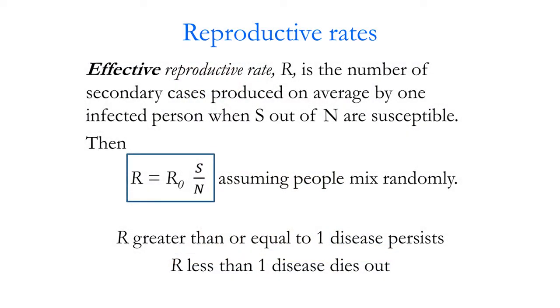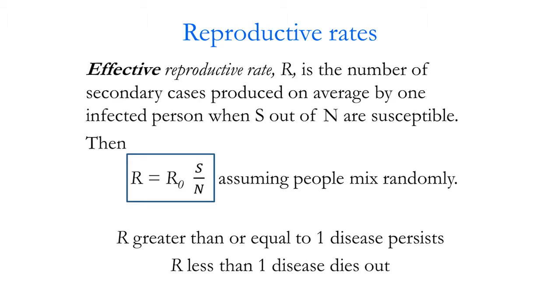It's the number of secondary cases produced on average by one infected person when not the whole population is susceptible, but only S out of N of it are susceptible. So you're an infected person in a population where S out of the N are susceptible, and that gives you the number of cases that they will produce on average.